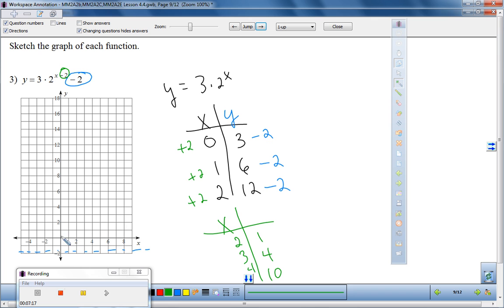Let's go ahead and plot those. So go over to 2, up at 1. Okay, go over to 4. I'm sorry, go over to 3, go up to 4. Okay, go over to 4, up to 10. And so we're going to get our little smooth curve that comes down like this, and then comes up a little off there.